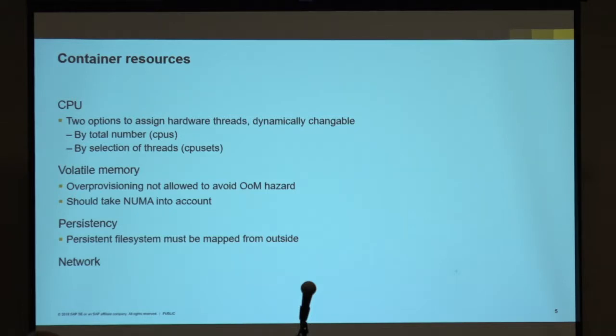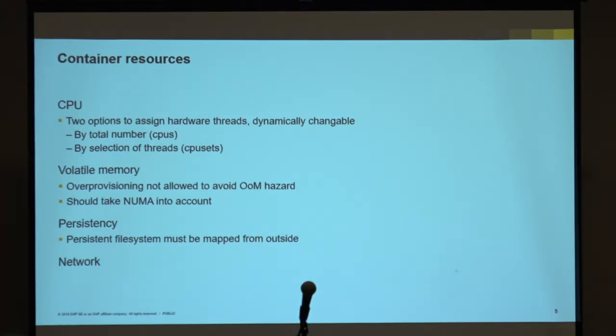So coming to the container resources, the CPU is one of the most important resources. Docker gives two ways to configure the CPU. Either you can just specify the total number of CPUs that should be available to a container. That's called the CPUs configuration. Or you can specify exactly the list of hardware threads that are available to a container.